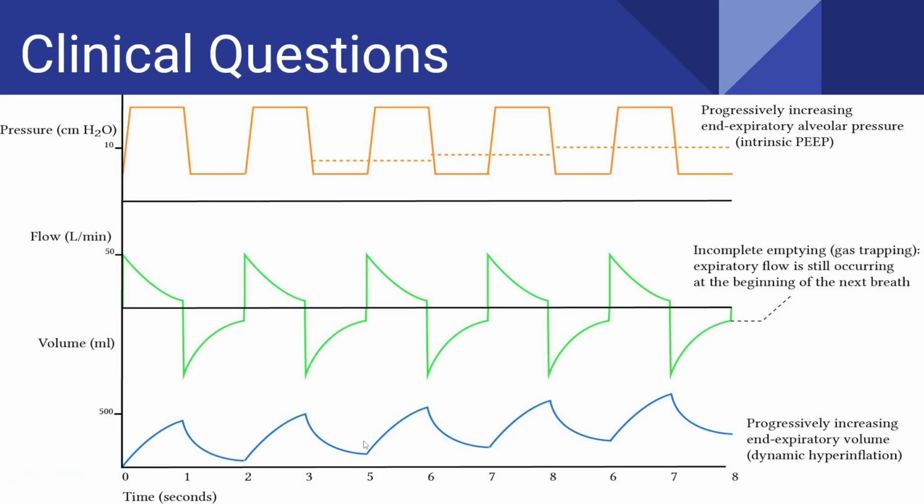So 500 milliliters was placed in the patient and you only get 480 out. It shows that you have some air trapping. So this is something to look at if you're on the unit monitoring a patient with asthma or anyone who's at risk for air trapping.